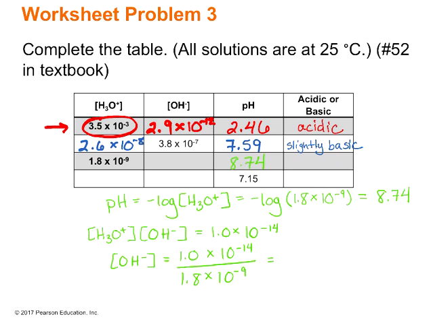And we should get a concentration of 5.6 times 10 to the negative 6th. So looking at the pH, we can see that it is greater than 7, so we would consider this solution basic.